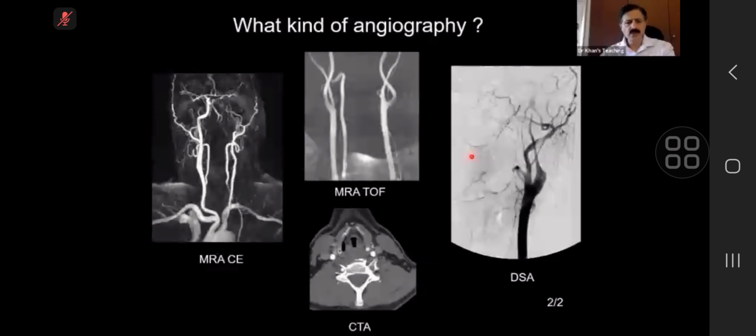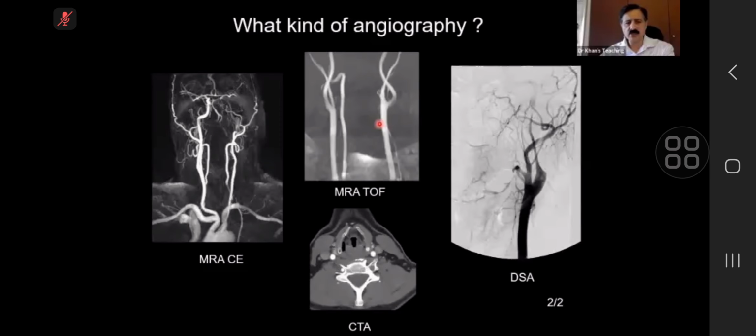So just a recap, various kinds of angiographies for the exam. Time of flight carotid, we can do it, but it's not considered very good for stenosis.